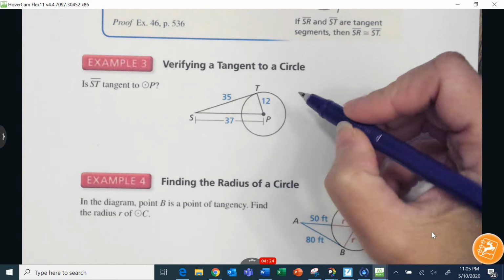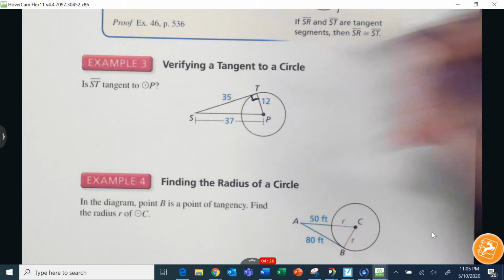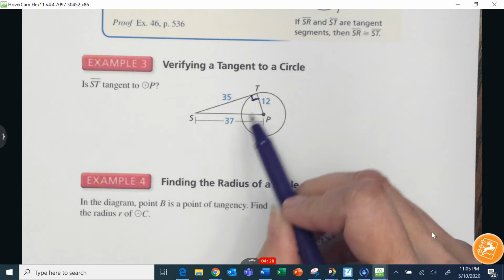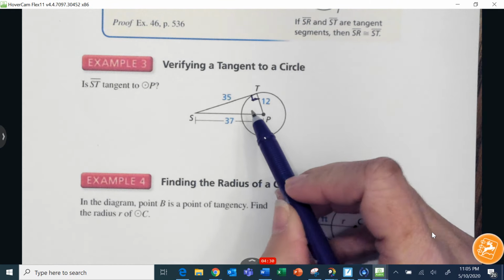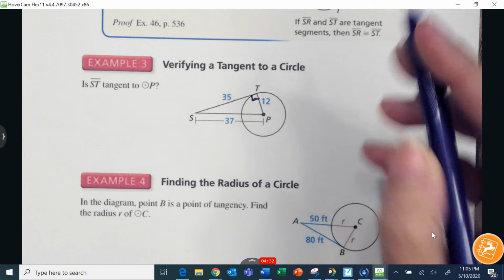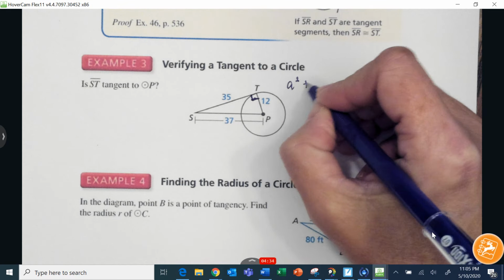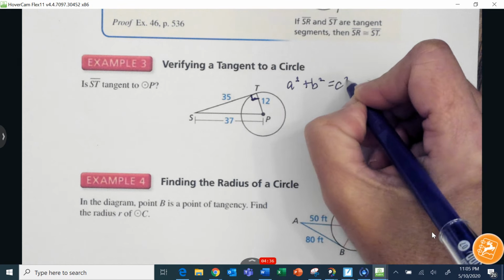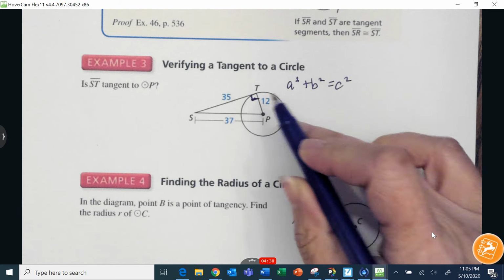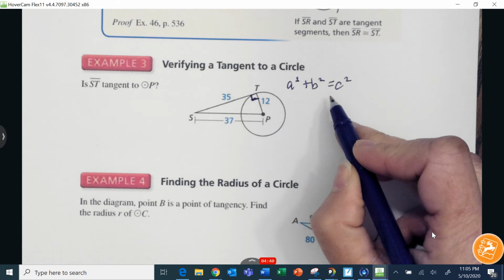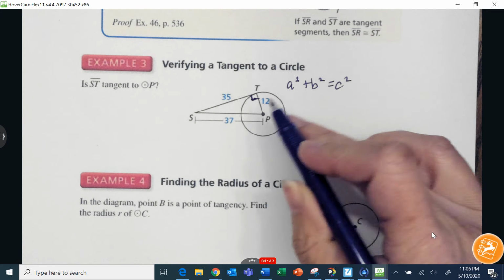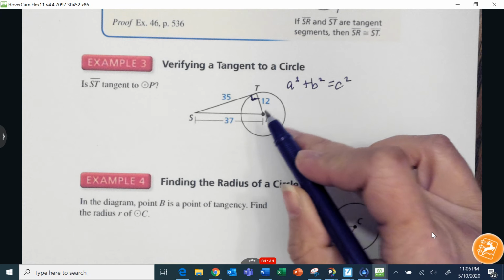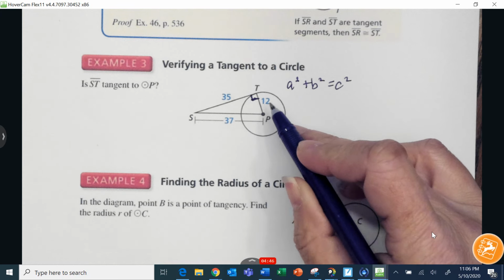If ST is a tangent, then this would be 90 degrees. And we can check to see if this is 90 degrees by using the Pythagorean theorem. If it does equal c squared, then this is 90 degrees. If it's less than or greater than c squared, then this would be acute or obtuse.